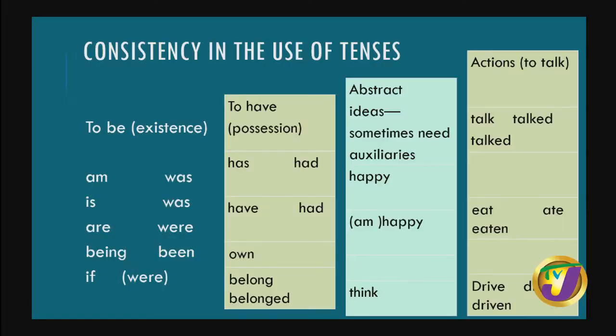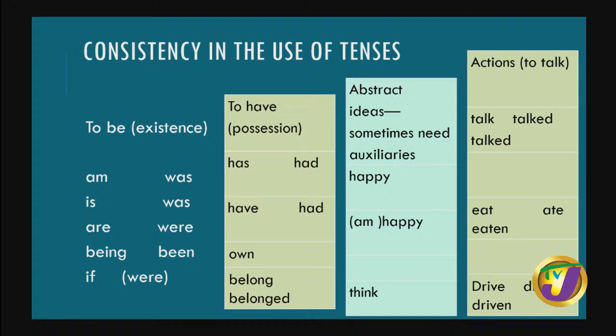We have to be as the root of the being verbs. Am, is, are, those are in the present tense. And being, not the human being, but the present participle form of be, B-E-I-N-G.